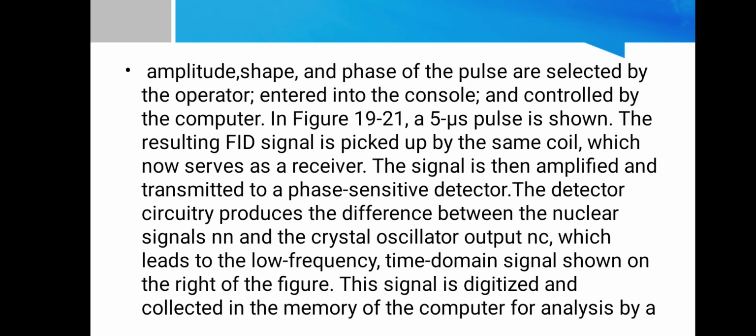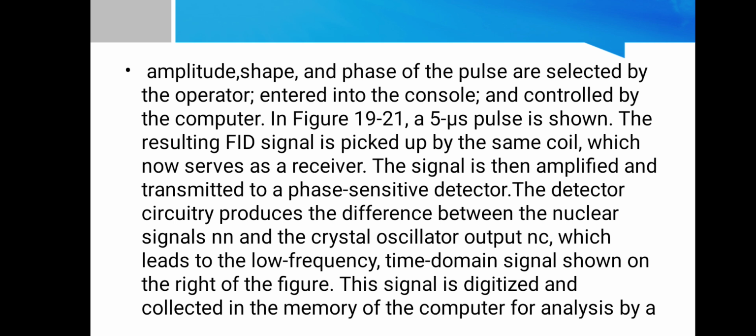The length, amplitude, shape, and phase of the pulse are selected by the operator, entered into the console, and controlled by the computer. In the figure, a 5 microsecond pulse is shown. The resulting FID signal is picked up by the same coil, which now serves as a receiver. The signal is then amplified and transmitted to a phase-sensitive detector.